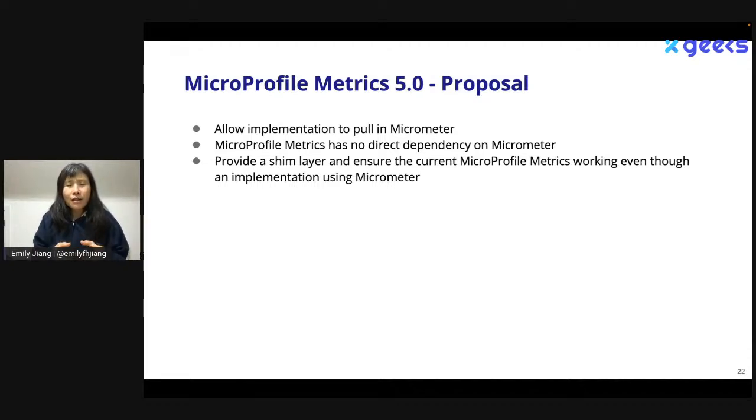If we use this proposal, the spec will provide a shim layer so that the current MicroProfile Metrics APIs continue to work. But it's still under discussion, so hopefully they will make a decision pretty soon.